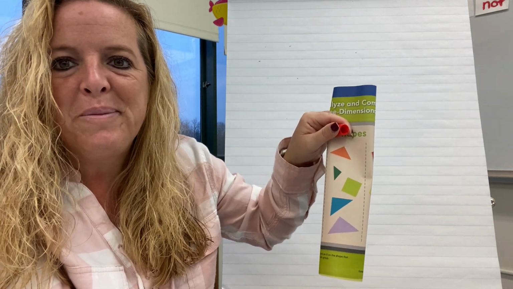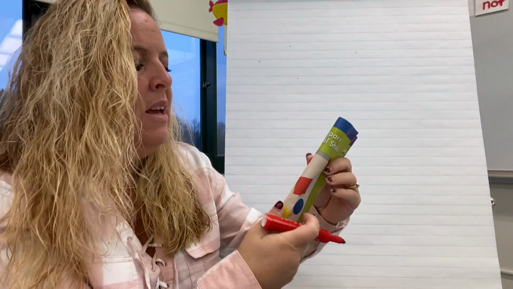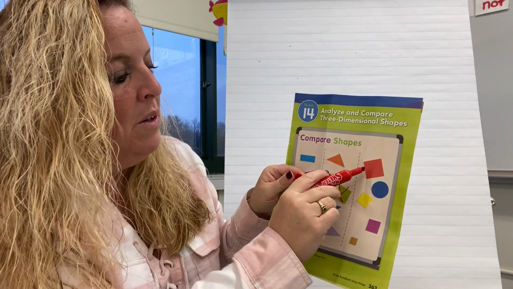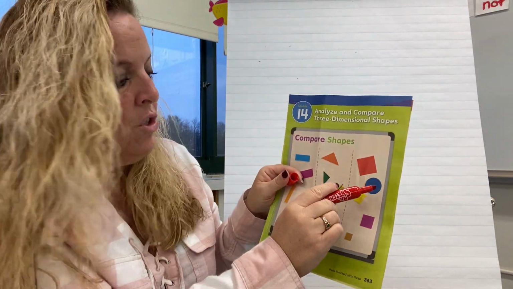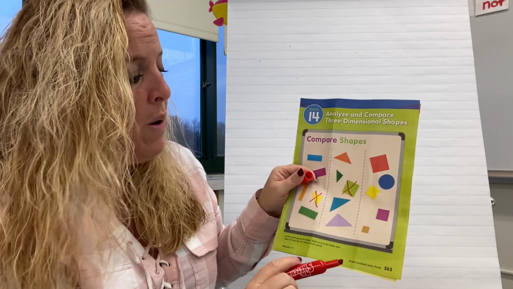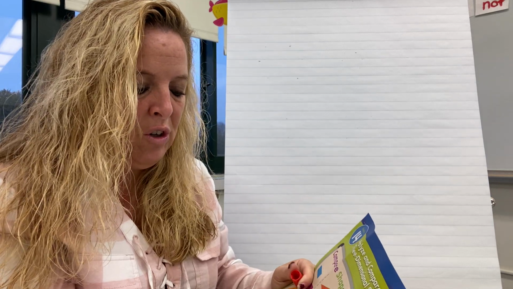What doesn't belong? The square. X it out. And let's go to the last one. Let's say our shapes. We have a square, a circle, a square, a square, a smaller square. Which one doesn't belong? You got it, the circle.